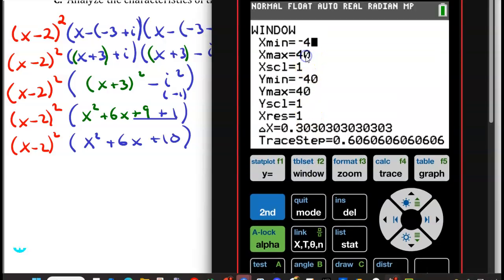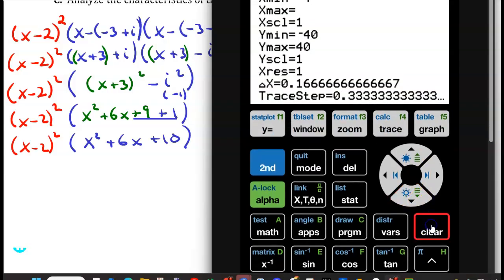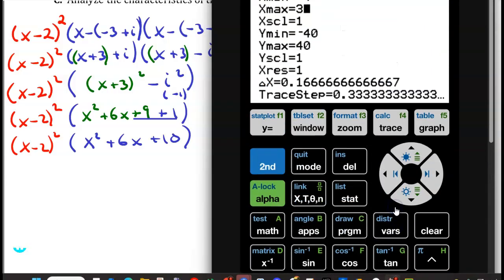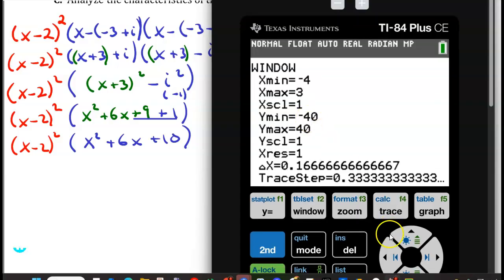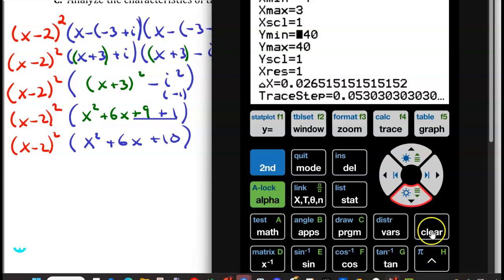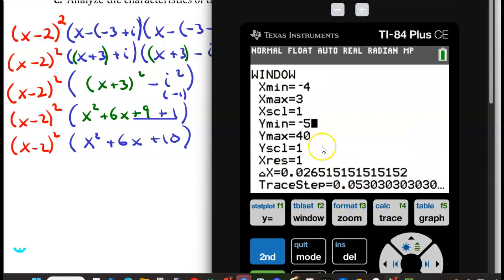And then over here it was 3, so I'm going to clear that and just type in 3. And then for my minimum, there wasn't much below the x-axis. I'm going to put maybe -5, just to have a little bit there.